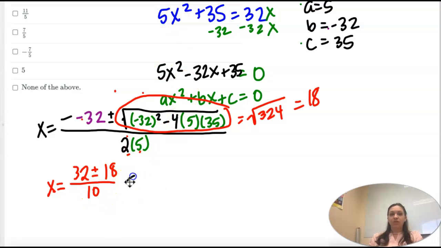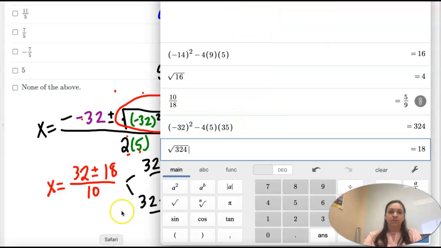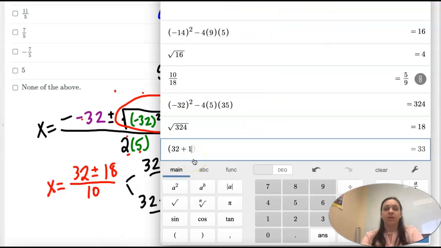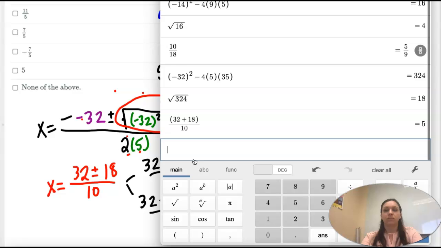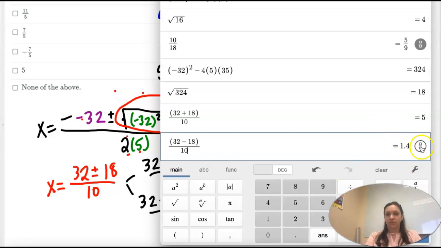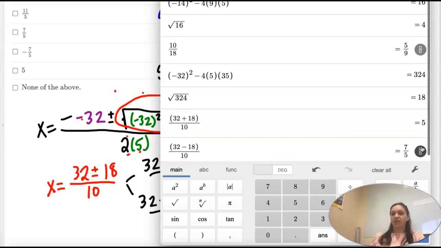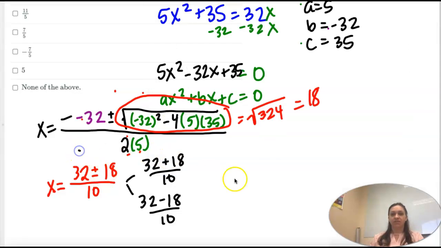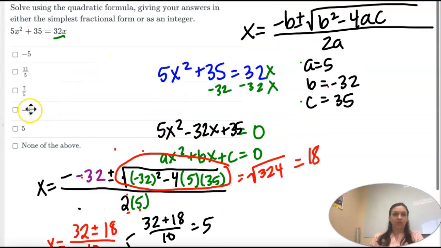So once that part's simplified, you split the plus or minus. 32 plus 18 over 10, 32 minus 18 over 10. Okay? And I'm just going to calculate it. So 5 and 7/5. So that's where our multiple answers come from.